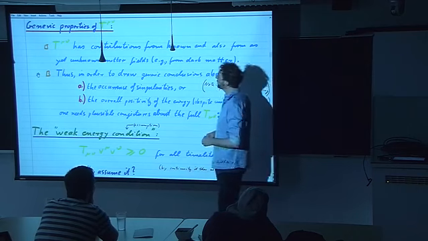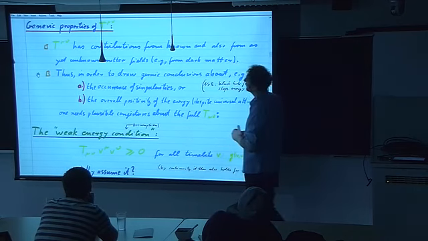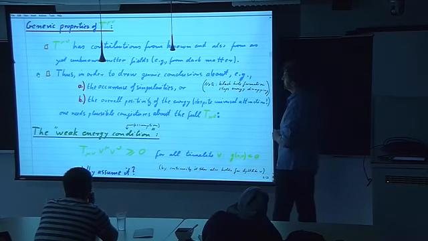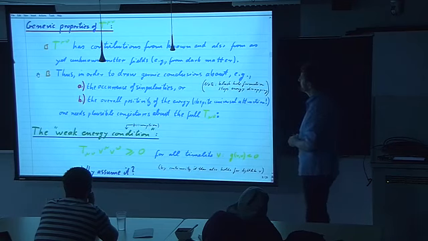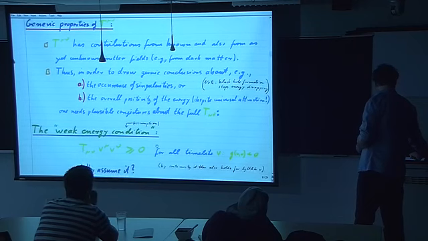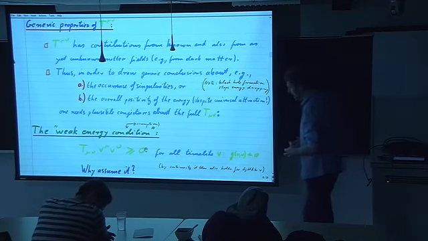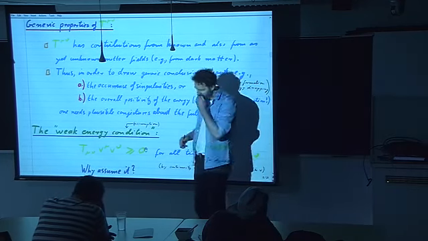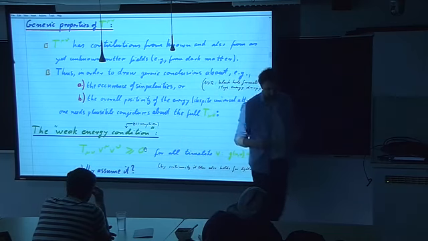So here are some generic properties, not of space-times now, but of energy momentum tensors. And you see, maybe I should highlight that again. The energy and momentum are curving space.